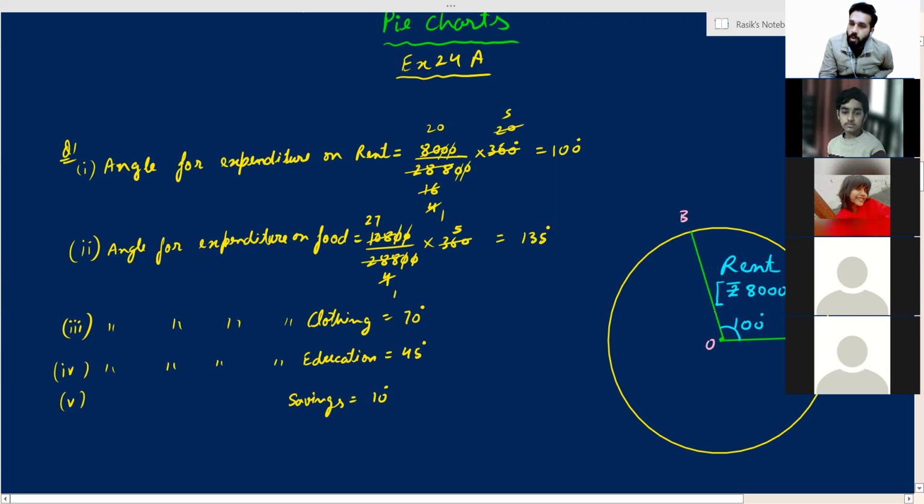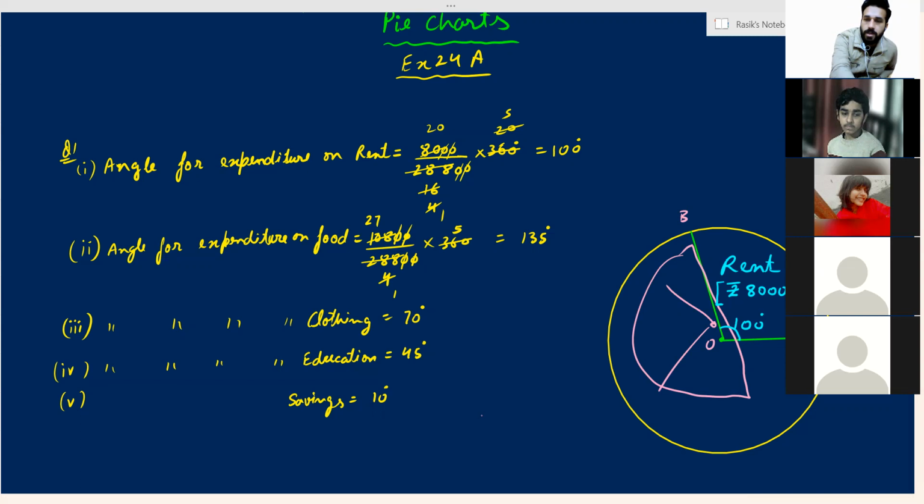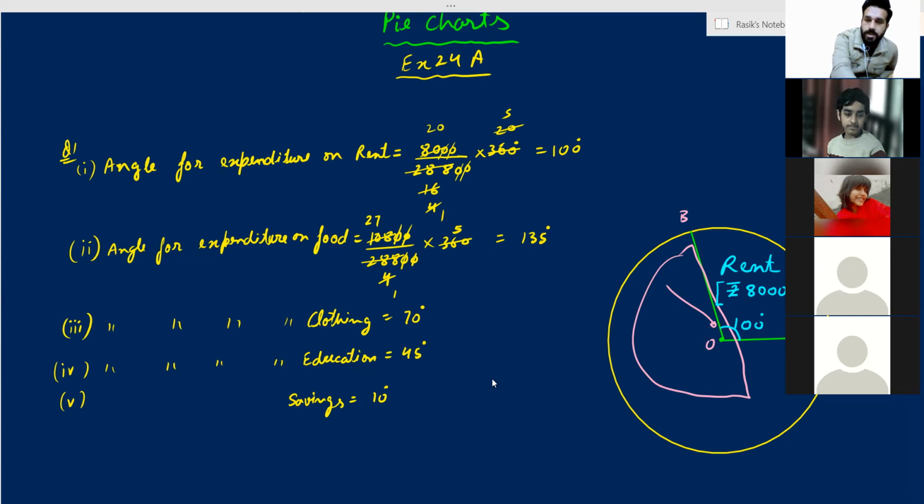Now you will take OB as the base, and you will keep the protractor in this way. Suppose this is your protractor, you keep it here like this. Then you start finding the angle. Understood how to keep the protractor for the second angle? You will take OB as the base now.